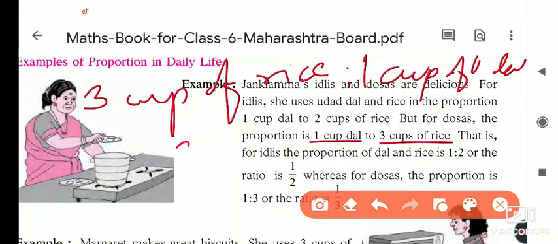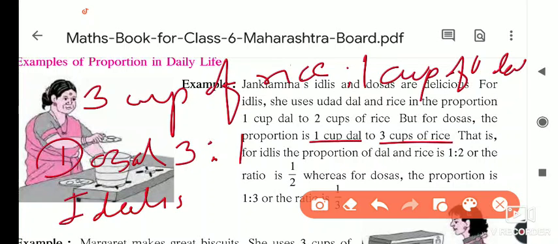So the ratio of the proportion is 3:1. That is for dosas. And if she wants to prepare idlis, she is taking 2 cups of rice, so the rice and dal proportion is 2:1. For 2 cups of rice she is taking 1 cup of dal.